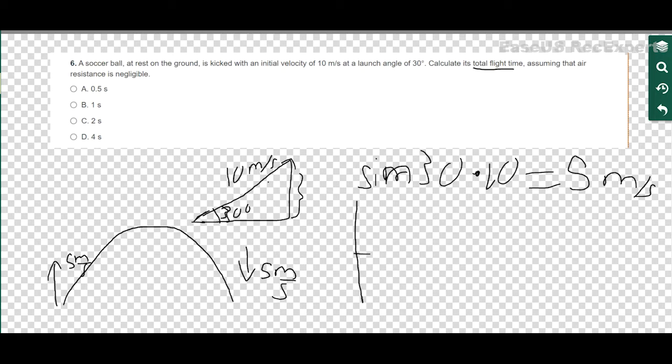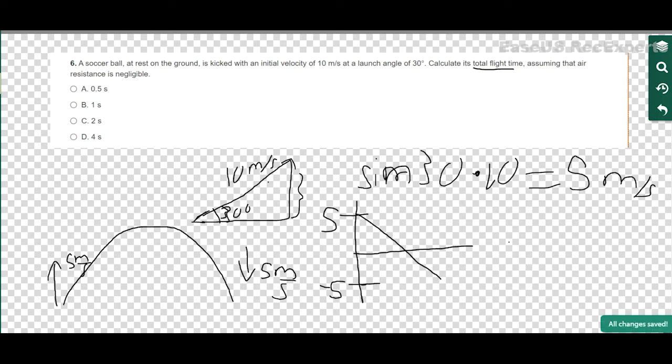So if we were to draw a velocity graph, you have 5 meters per second here as your initial, and your final will be negative 5, because it is coming downward at negative 5 meters per second. The only force acting on it vertically is gravity, which accelerates the ball at negative 10 meters per second squared. So our slope is going to be equal to negative 10.